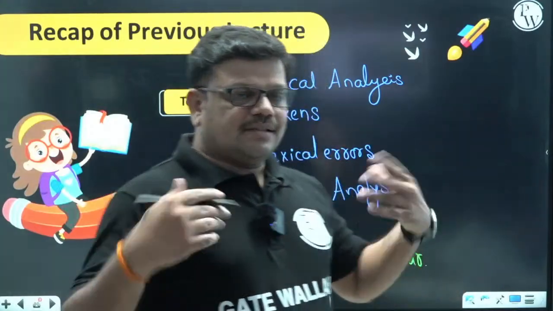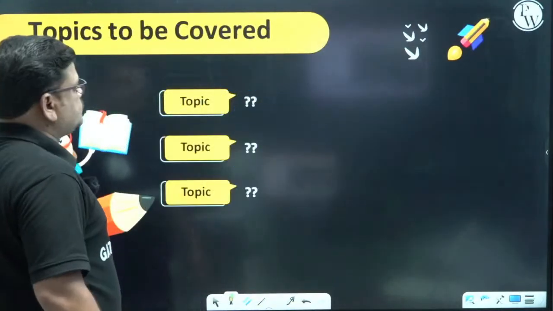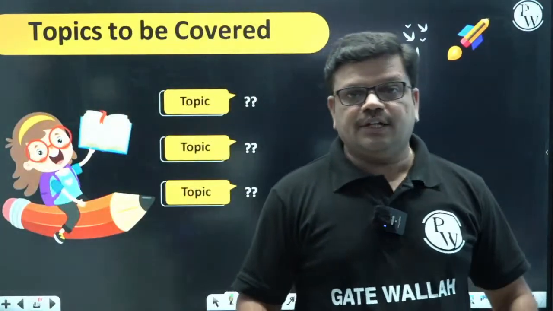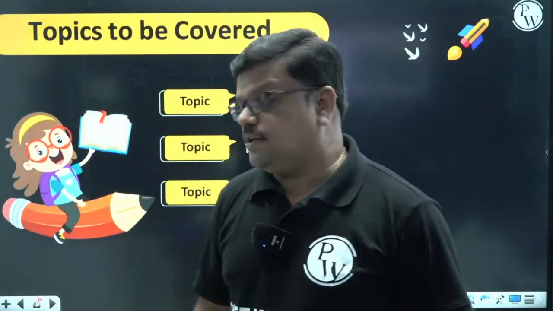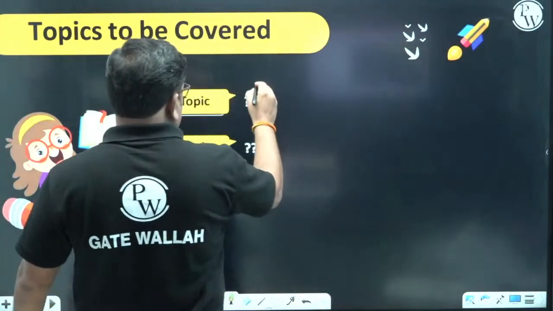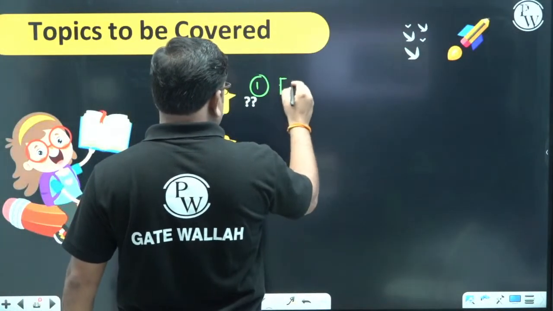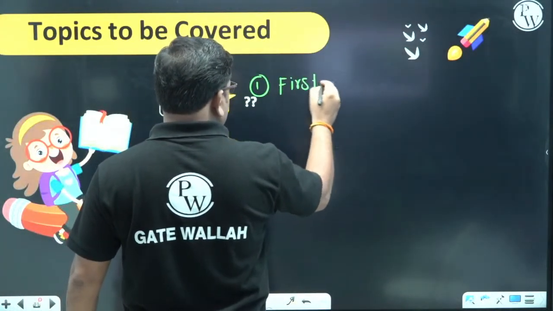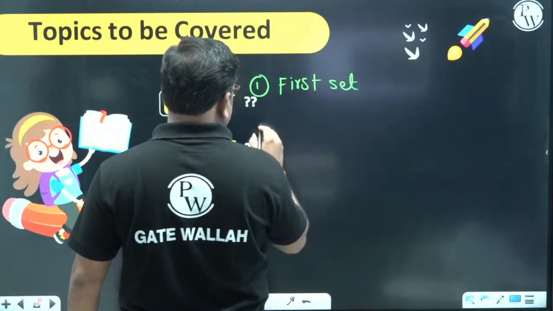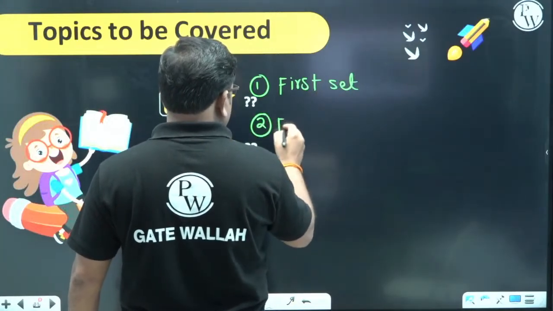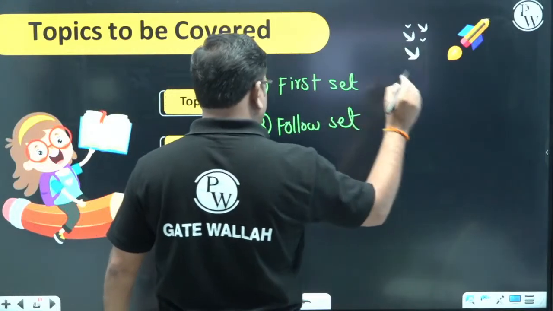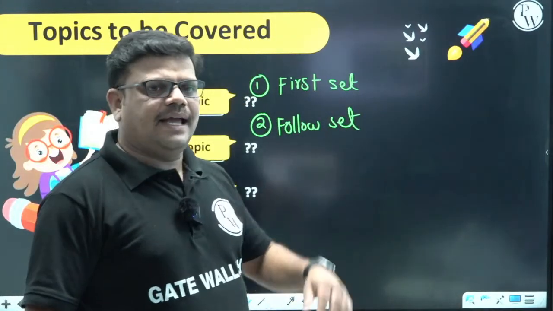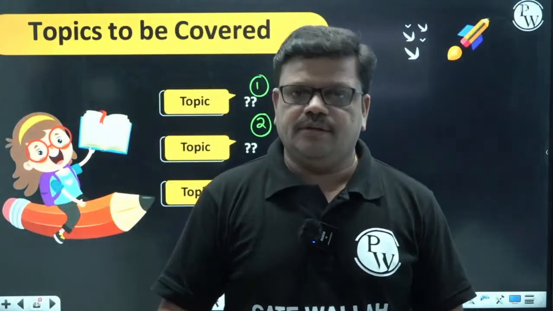So what we are discussing in today's lecture? Today's lecture is completely about the design of a parser. Last class we discussed first set calculation and follow set calculation, which is already completed. Today also we need the first set and follow set values.